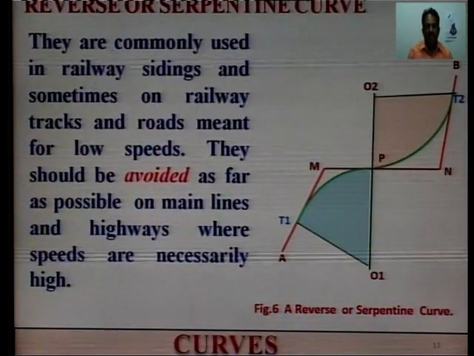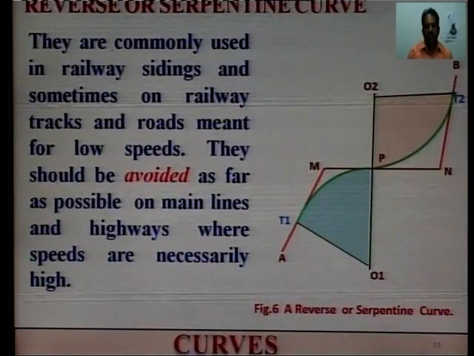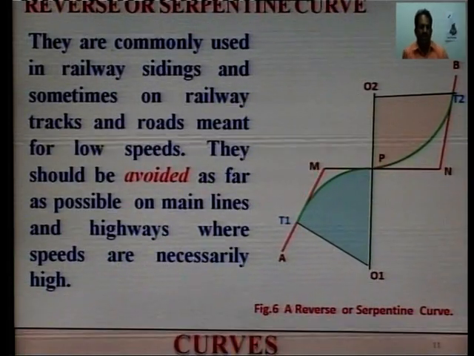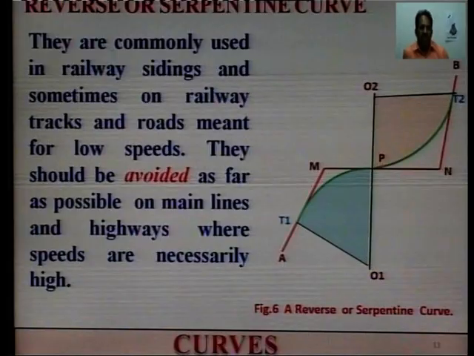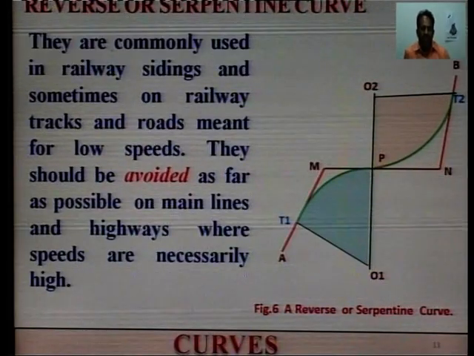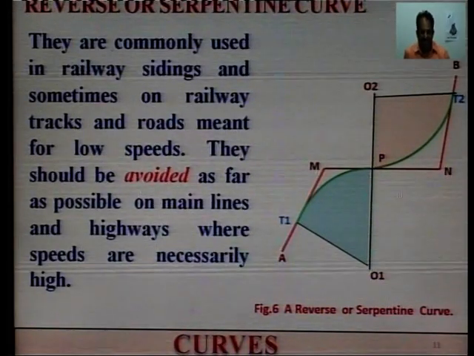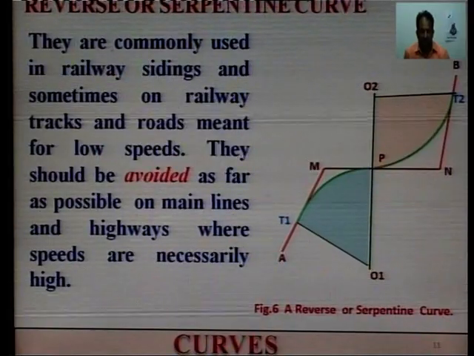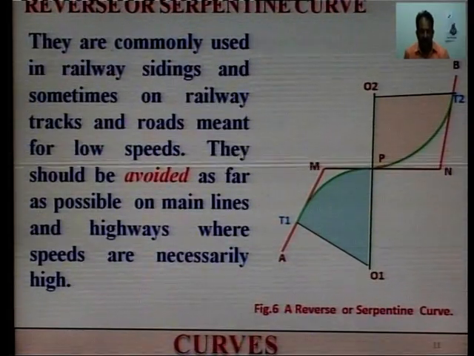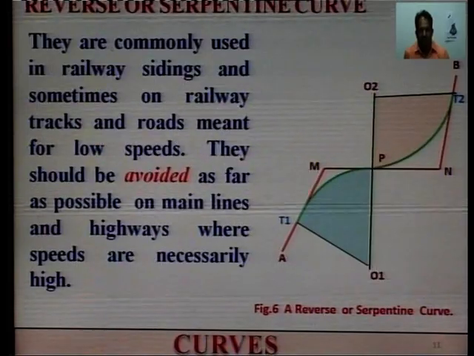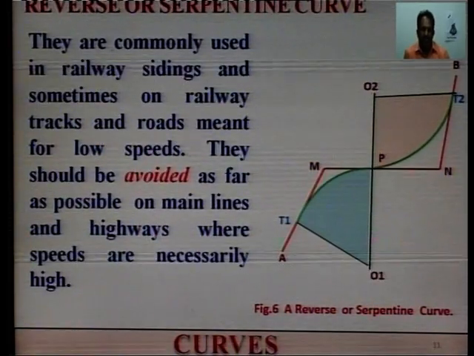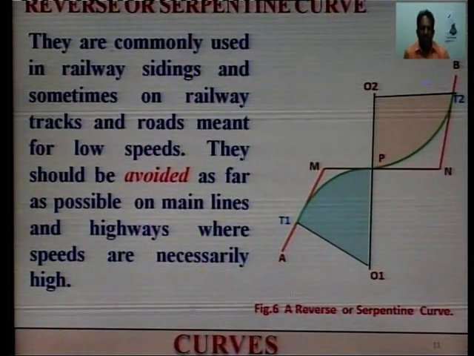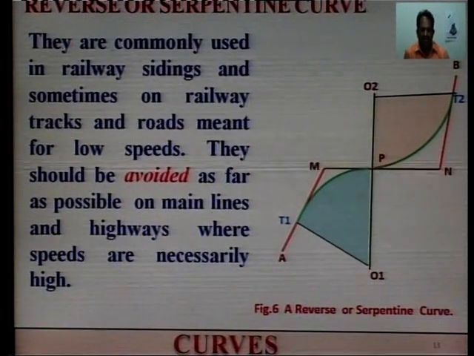These serpentine or reverse curves are commonly used in railway sidings and sometimes on railway tracks and roads meant for low speed, that is where the speed of the vehicle is very low, there the serpentine or reverse curve is generally used.